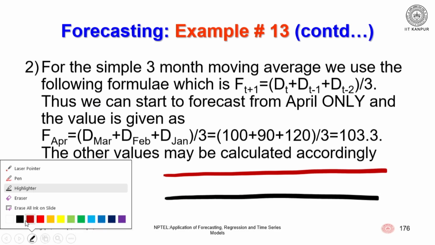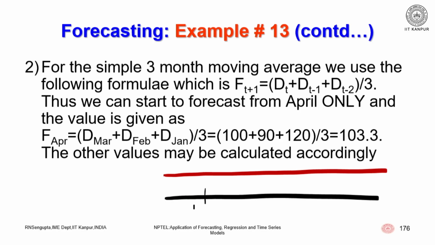So, if I have the y values, this is y t, y t plus 1 and it continues, and I would have the corresponding value for f t, f t plus 1 and it continues.